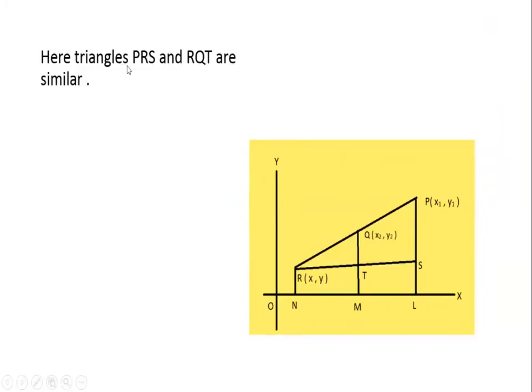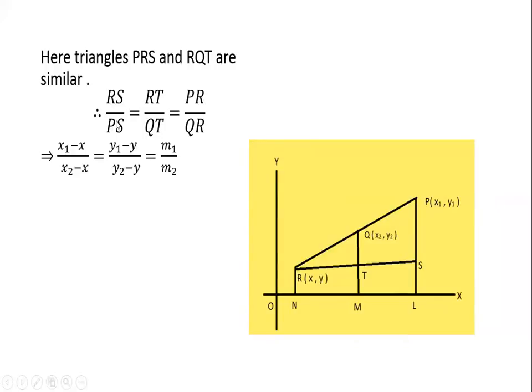Now triangles PRS and RQT are similar to each other. So we can write RS by PS equal to RT by QT equal to PR by QR.